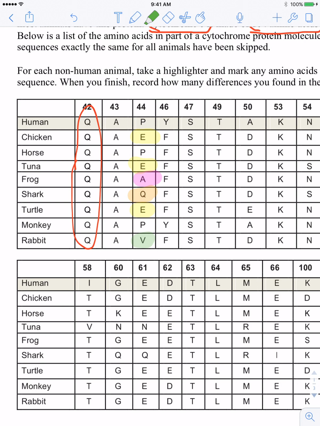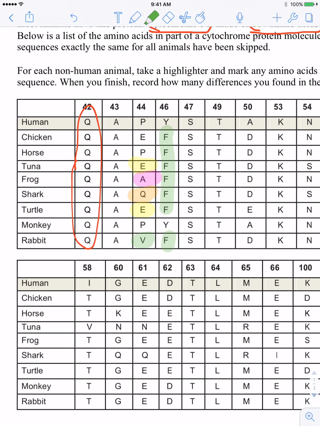Humans have Y for 46, but everybody else has F except for the monkey. So that means that the chicken through the turtle are all different. Let's do it again. So we're going to highlight all these guys because they are different.